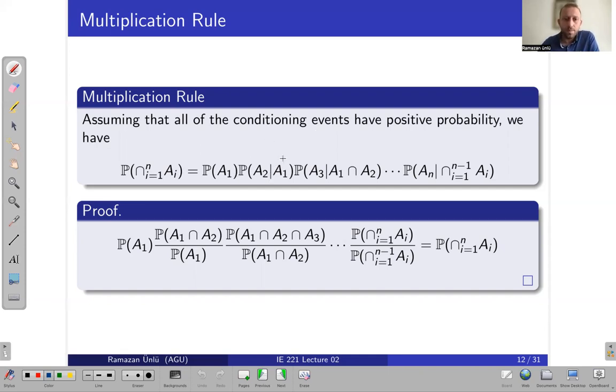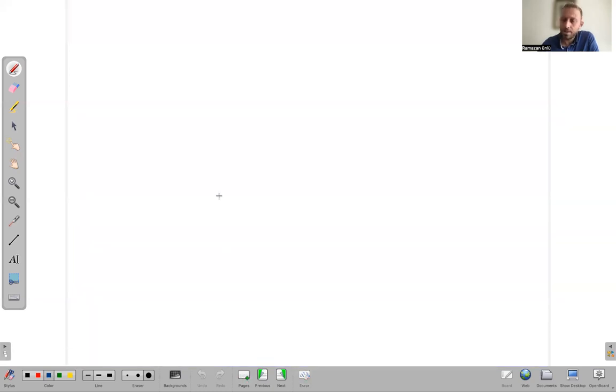So this is something like this. Let me open a new page. Let's say this is our starting point, and let's say A1 is a queue, and then there are two options, A2 and A2 complement. This part means that A2 will also occur.